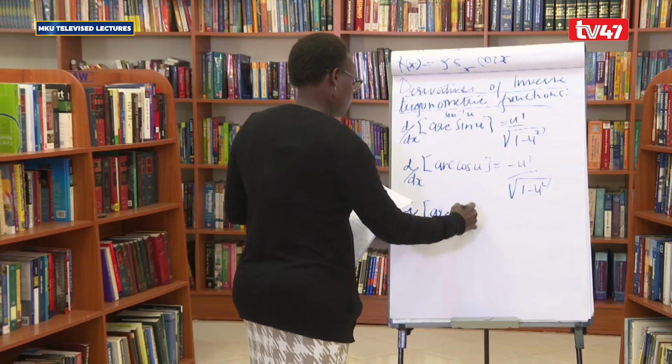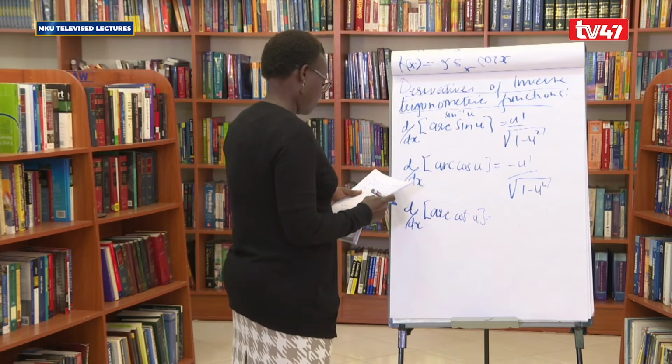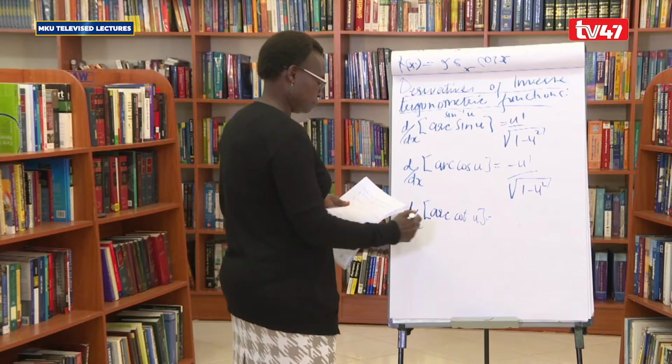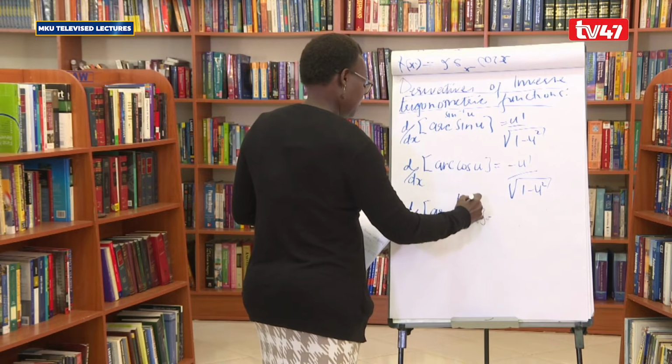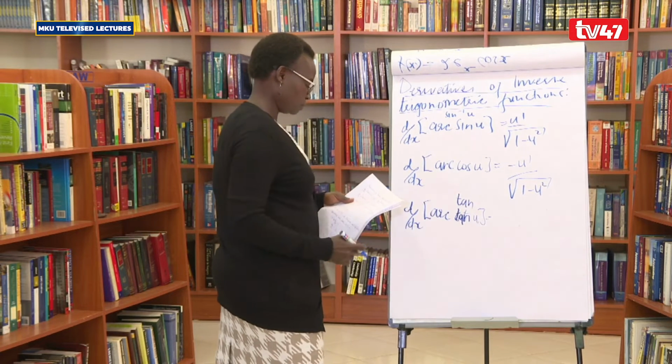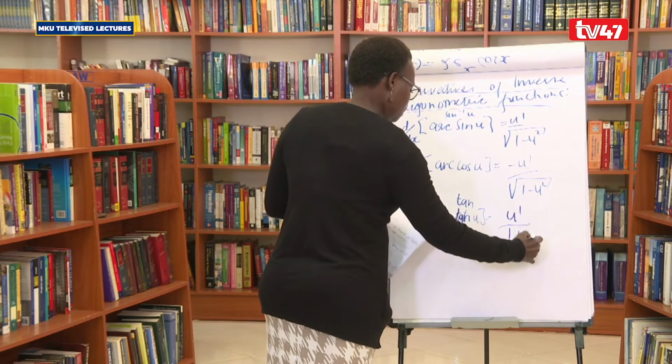Then arctan u. This is arctan. Let me write it up here. So that is arctan u. This would be u bar over 1 plus u squared.